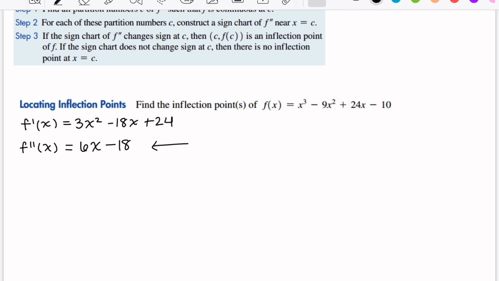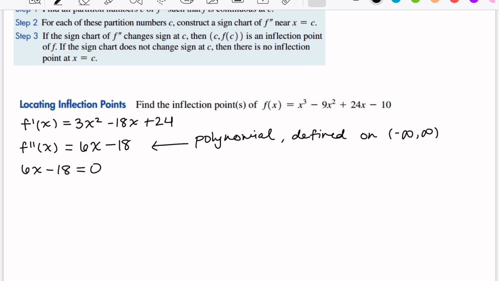And then we're trying to find partition numbers, so where this is undefined or equal to 0. But since it is a polynomial, our second derivative is going to be defined for all real numbers. So now what we'll do is see if there's any way this is equal to 0. And we can see that that is the case when x is equal to 3.